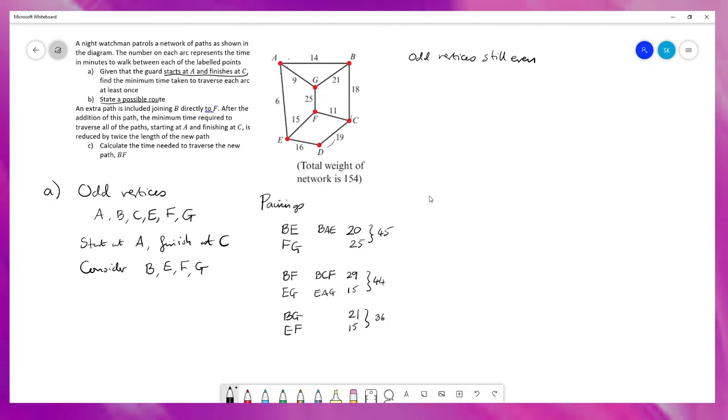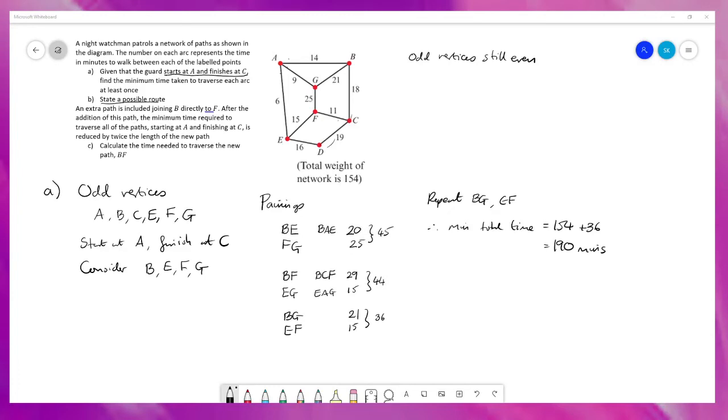So we repeat B to G and E to F, because those are the ones that are going to give us the smallest increase of time. So therefore, the minimum total time is 154 plus 36, which is 190 minutes.